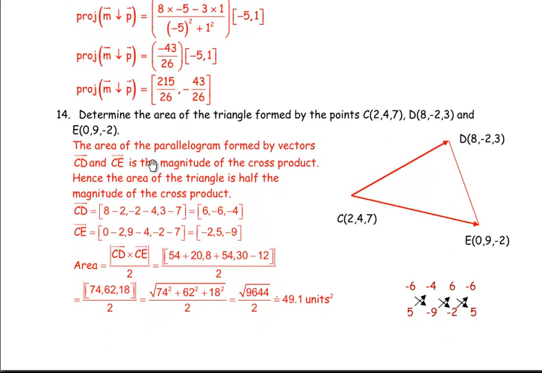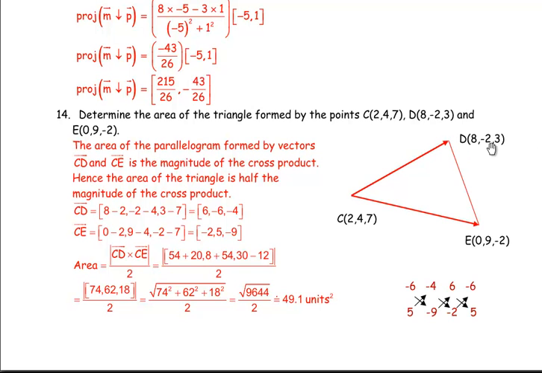Last question, number 14, we're asked to find the area of the triangle formed by these 3 points, C, D, and E. Now, the area of a parallelogram formed by two particular vectors, so let's say that vector and this vector here, CD and CE would be the parallelogram that goes right out here.